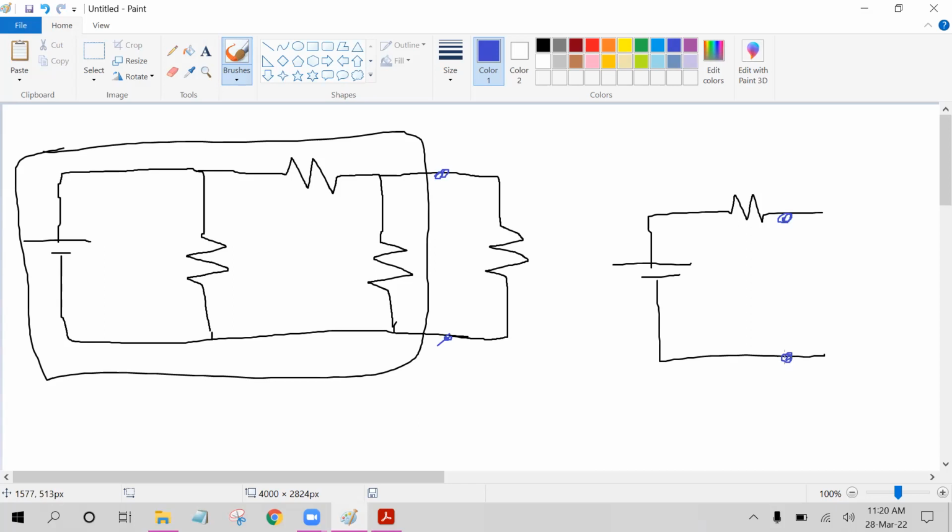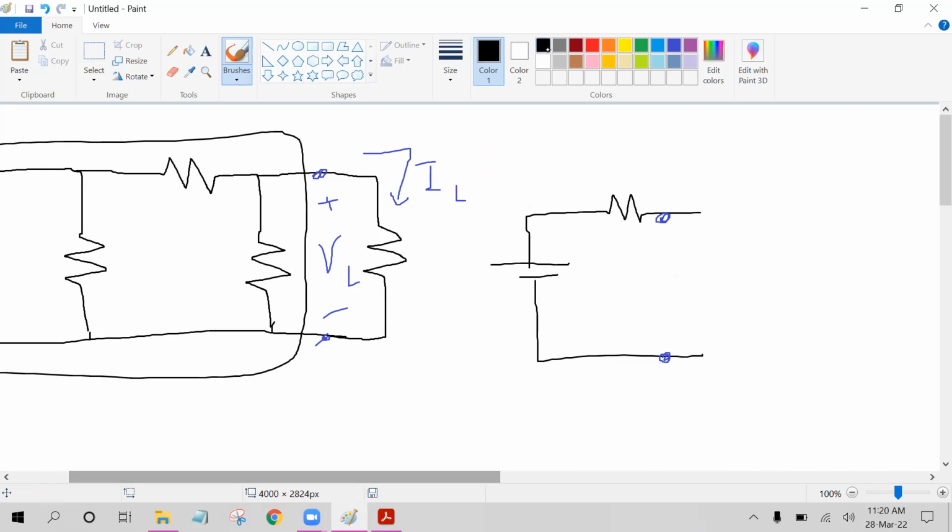So we have to measure this voltage, which we can denote by load voltage VL, and this current, the load current IL, and they should be equal to those of this equivalent circuit. This one is VL and the current flowing here is IL.